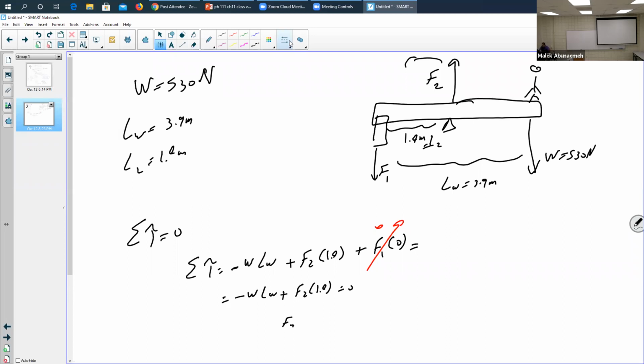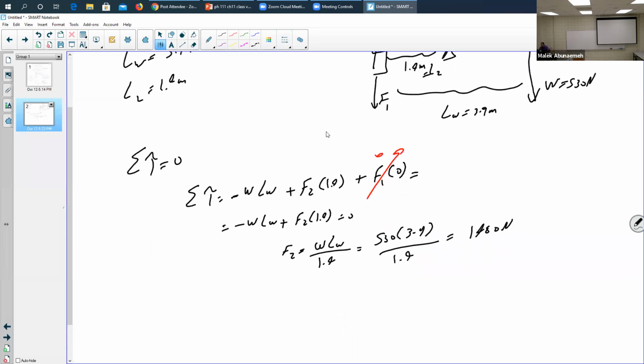That means F2 is going to equal your weight multiplied by LW divided by your L2, which is 1.4. So it's 530 multiplied by 3.9 divided by 1.4. Let me plug it in. I got 1,480 newtons. That's from your torque. Now let's look at the summation of all the forces in the y direction.